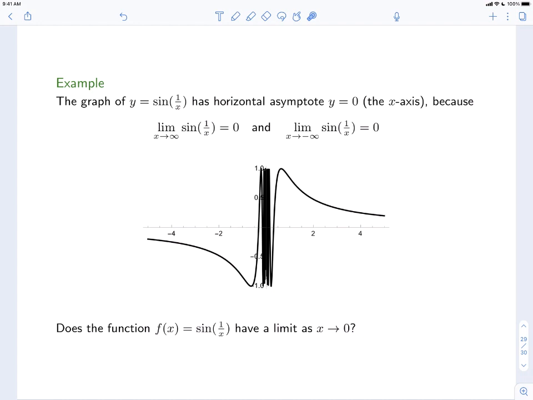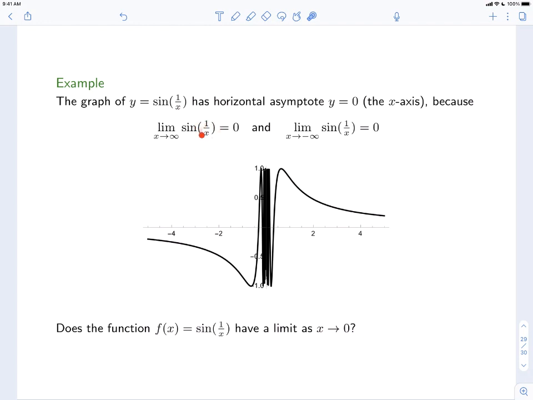This might not be immediately obvious. The basic principle at work here is that if you have sine of a very small number, then sine of that small number is approximately the same as that small number. So since x is getting very large in size, either moving towards infinity or negative infinity, the magnitude of x is very large.